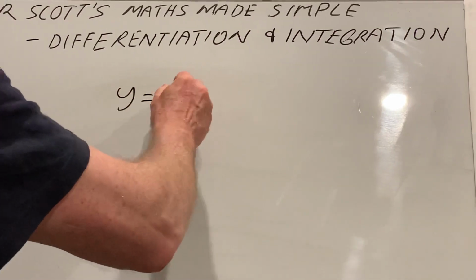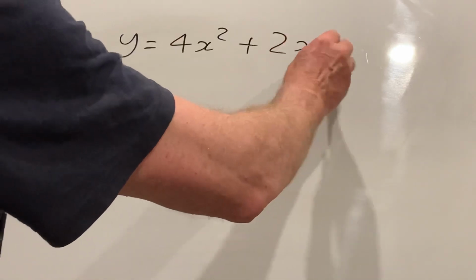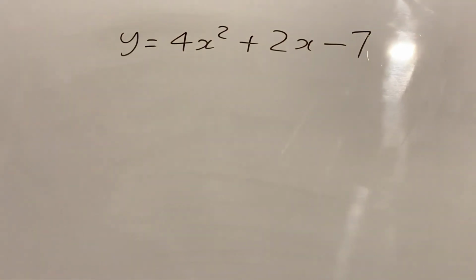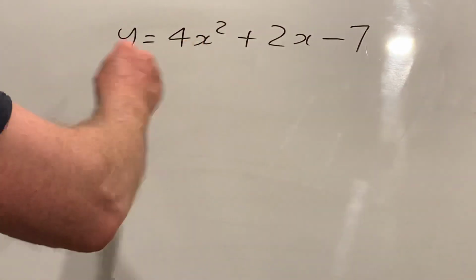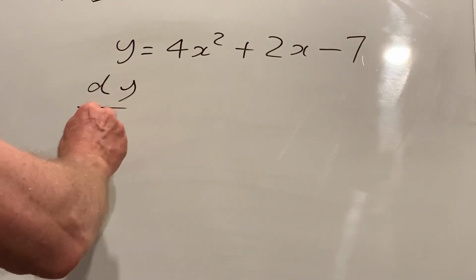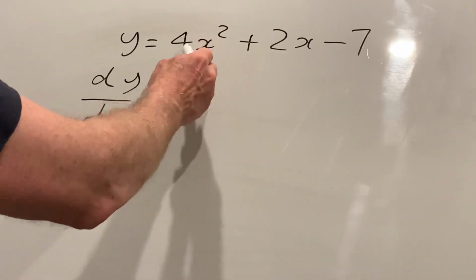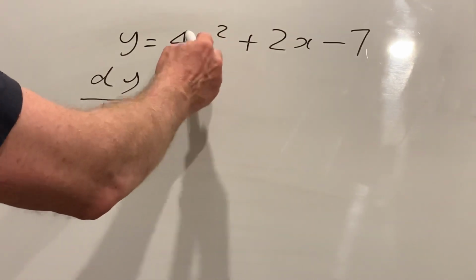y equals 4x squared plus 2x minus 7. The differential of this equation, dy/dx, equals 2 times whatever's in front of the x, so in this case it's 8.